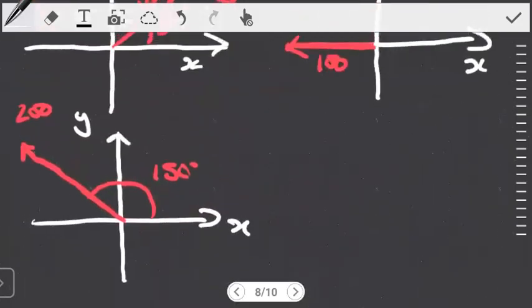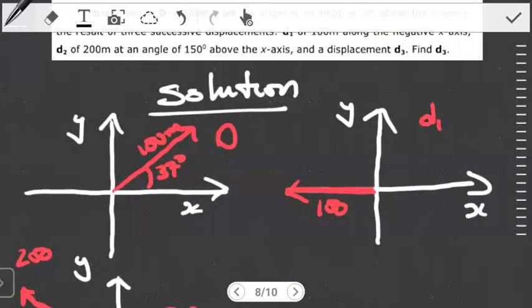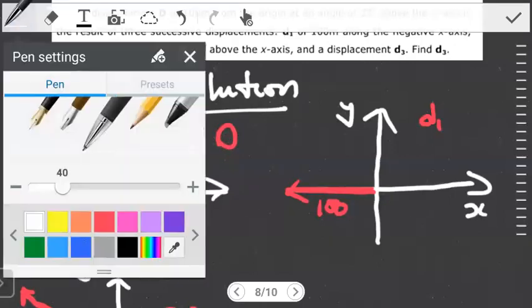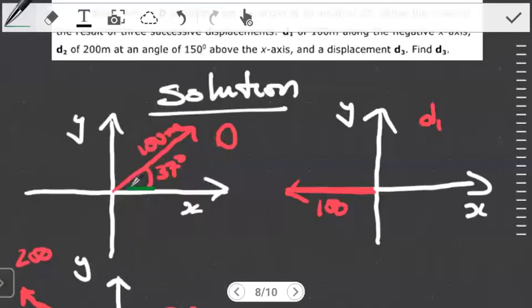For the first one, capital D, the resultant itself, 100 meters, 37 degrees above the positive x-axis. You should be able to see that the x component is going to be this one here. And of course, it is adjacent to my angle, so I'm going to use cos for this vector. So it is 100 meters cos 37 degrees.